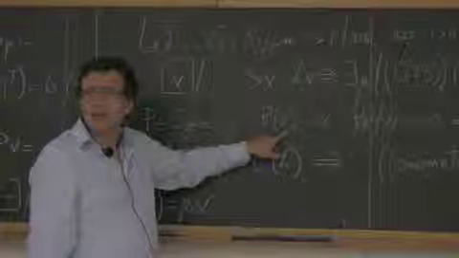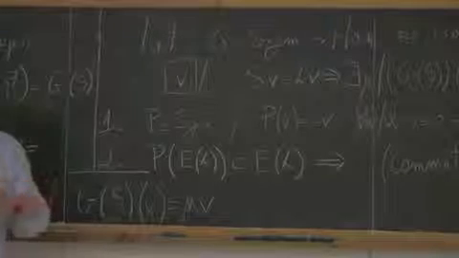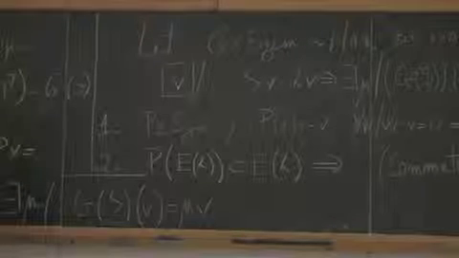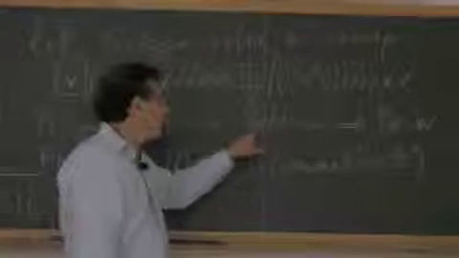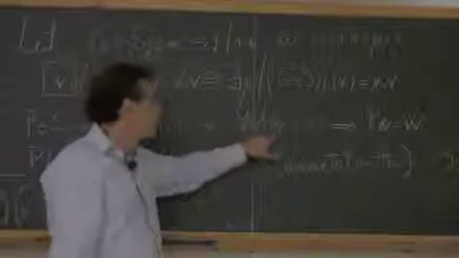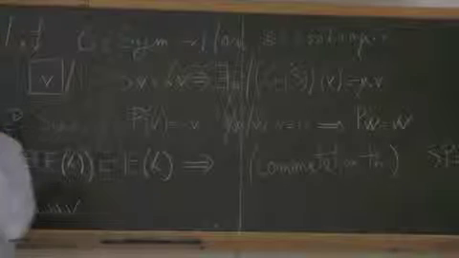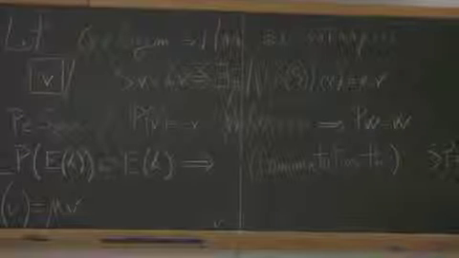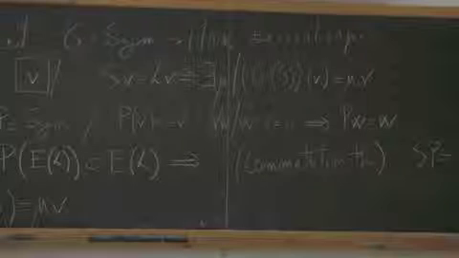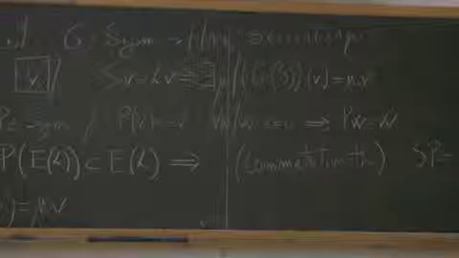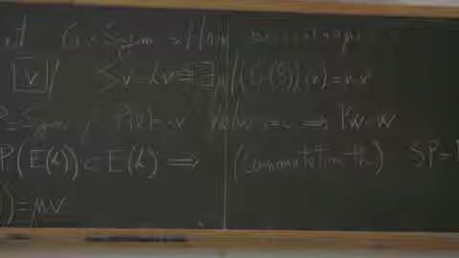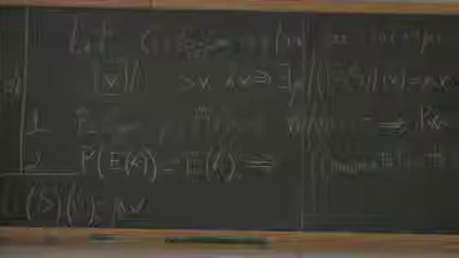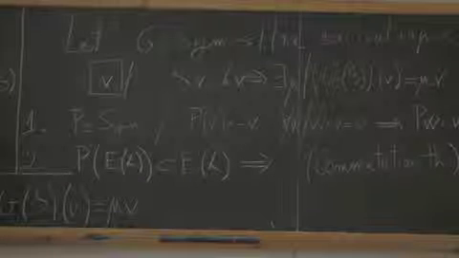PV is minus V. So you are reflecting the V. If you have a vector orthogonal to V, so for every W orthogonal to V, PW equal W. So this P is the identity on the space orthogonal to V, okay? And every vector parallel to V is mapped into minus V.